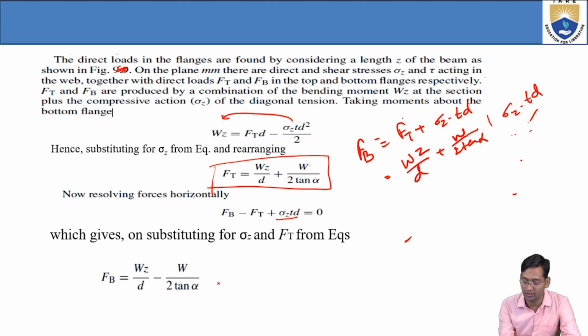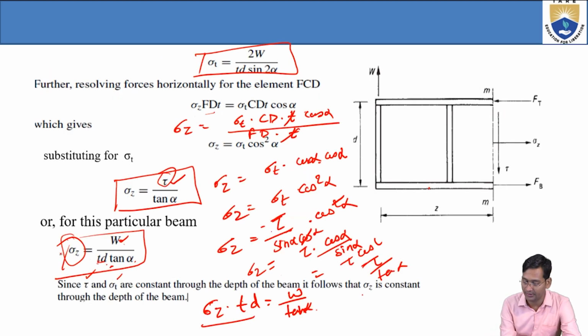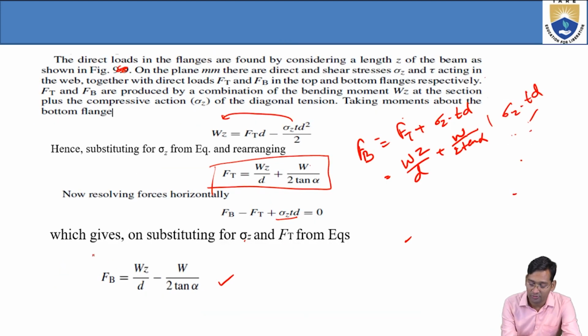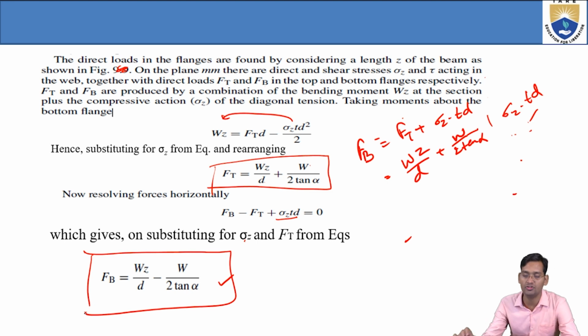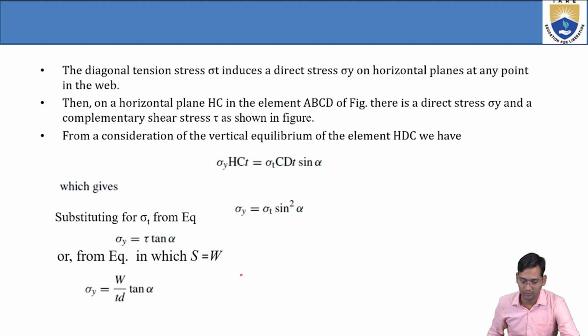So after substituting, what you will get? Because sigma Z is also here. So after substituting, we will get FB equals to WZ by D minus W by 2 tan alpha. So this will be the FB value.